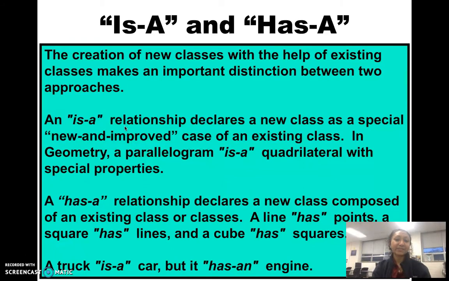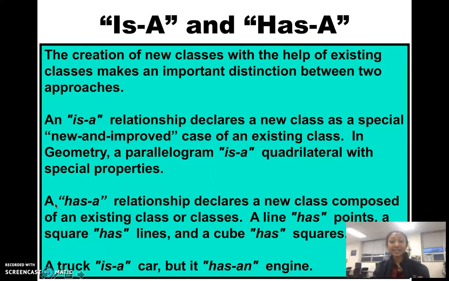So imagine you have this quadrilateral class, and you're making a parallelogram class. The parallelogram is inheriting certain things that quadrilateral has, but it's new and improved. It's a special kind of quadrilateral. You're inheriting the basics or the foundations of that quadrilateral class to then build up on your parallelogram class. So a new and improved case of an existing class is called an is a relationship, and this is called inheritance.